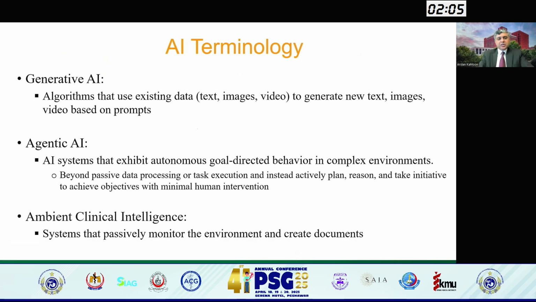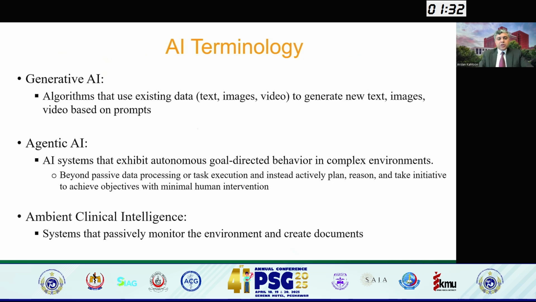A few other concepts that are coming in. One is called agentic AI, which is pretty much a platform that works as a personal assistant. It is such a sophisticated system where it can exhibit autonomous goal-directed behavior in complex environments, where you can give a prompt to a platform which can then create a full itinerary or a workflow for you based on repetitive patterns that it has picked up over time.